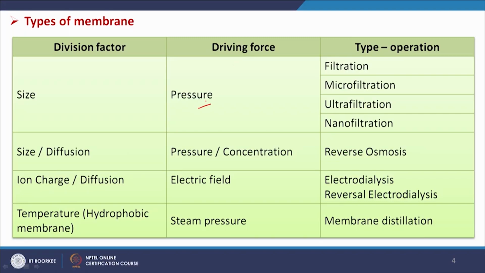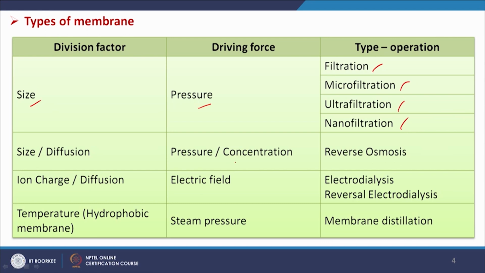Depending upon different driving forces and separation factors, we can have different types of membranes and operations. When the driving force is pressure and the separation factor is size, we can have filtration: microfiltration, ultrafiltration, nanofiltration, where the size will be different for different filtration.